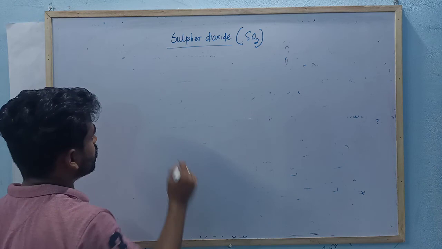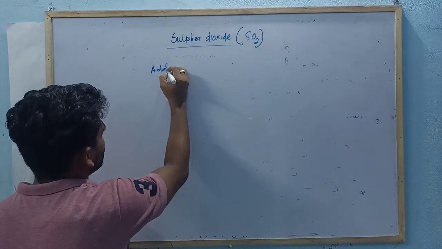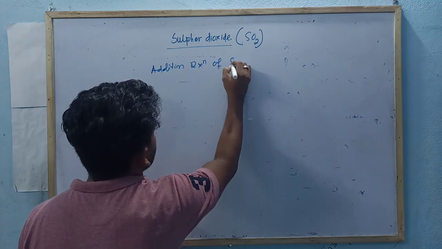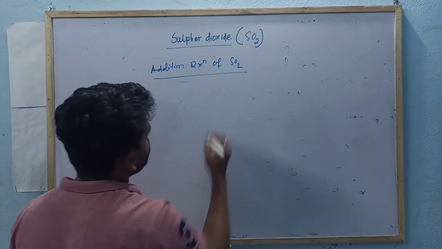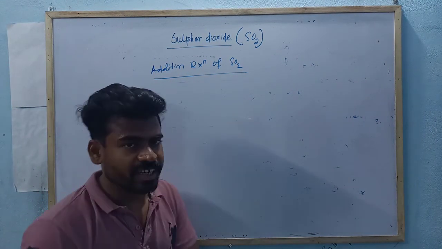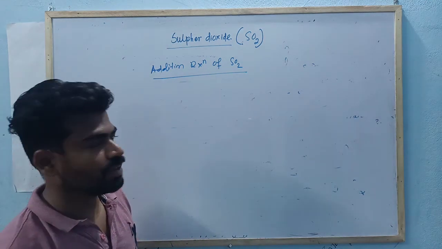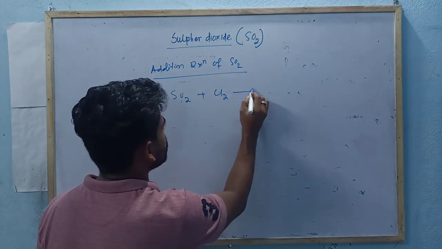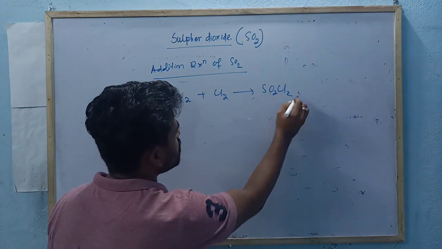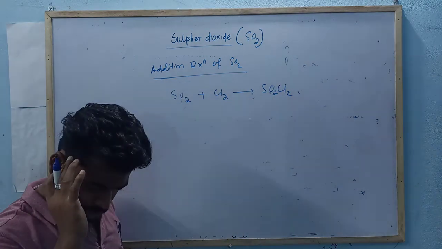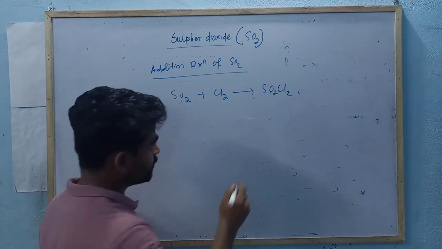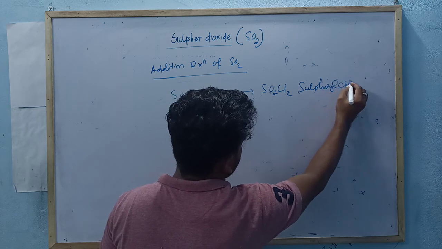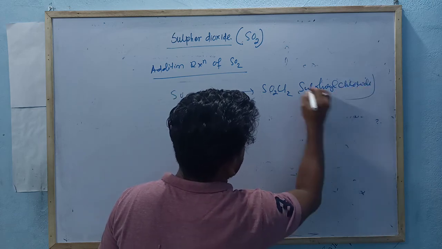It undergoes addition with chlorine to form sulfuryl chloride. How? SO2 plus Cl2, then it will form SO2Cl2. That is called your sulfuryl chloride.